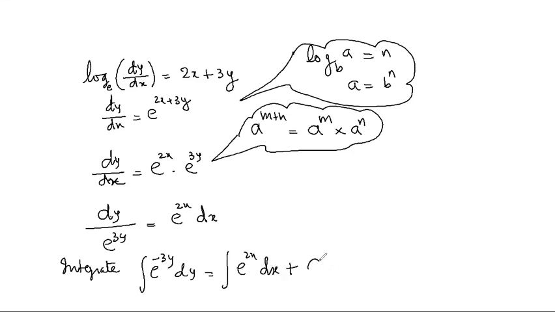And here you have the choice of writing the integral constant because you will not be able to remove e. So what is the integral of e raised to minus 3y? Nobody answers. e raised to minus 3y upon minus 3 equals e raised to 2x upon 2 plus c, which is the general solution.